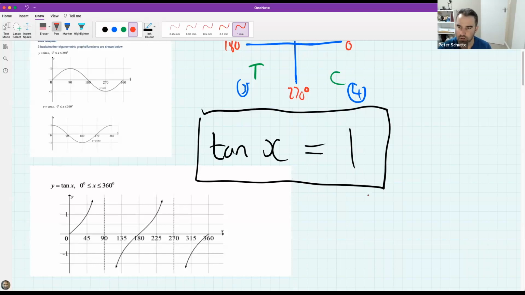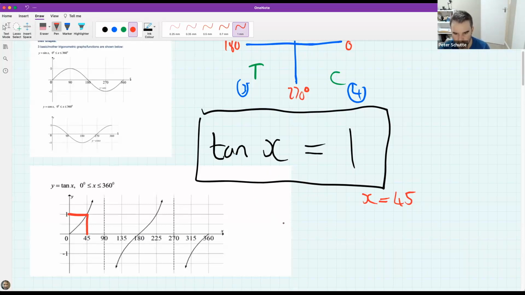A lot of students are saying that x is 45 degrees, and you can actually see this on the tan graph. That 45, and if you put it in your calculator, the tan of 45 gives you 1.